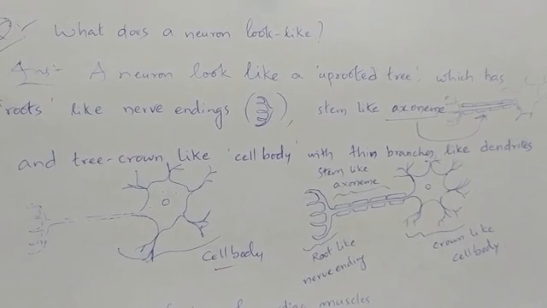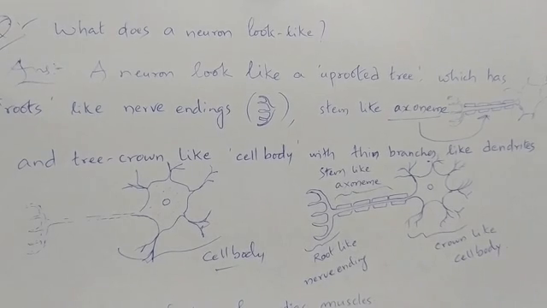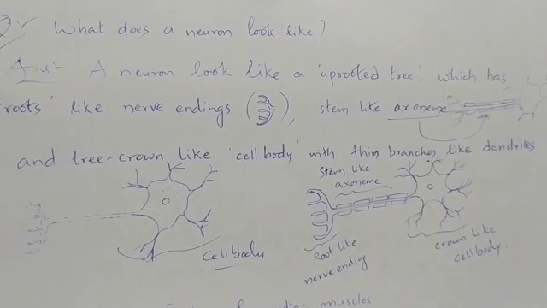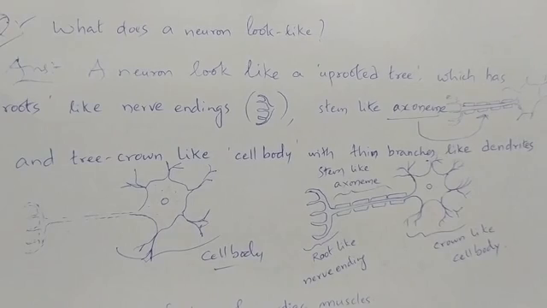What does a neuron look like? Neuron is the structural and functional unit of the nervous tissue, and each neuron has 3 parts: the cell body or cyton, axon, and the nerve endings.